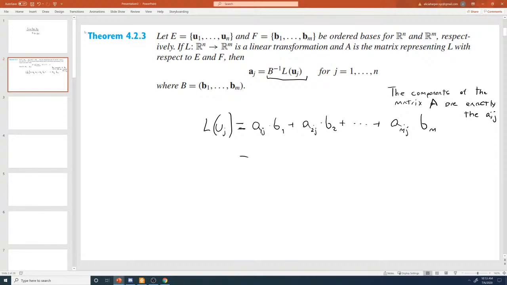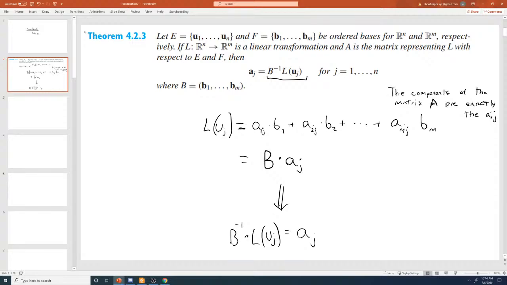Well, you can recognize the right-hand side of this equation as the matrix B times the jth column of A. So if you want to solve for the jth column of A, all you have to do is take this equation and multiply through by B inverse. And it implies immediately that Aj is equal to B inverse times L of uj.